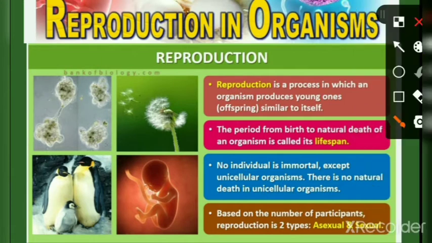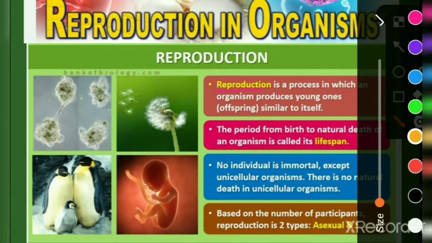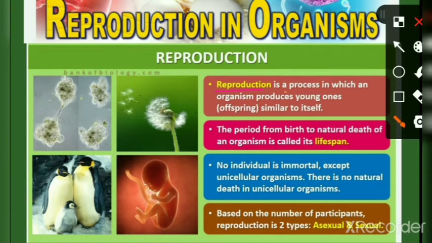Reproduction is the process in which organisms produce young ones or offspring similar to itself. It means that reproduction is a process in which any living organism gives young ones of its own kind.